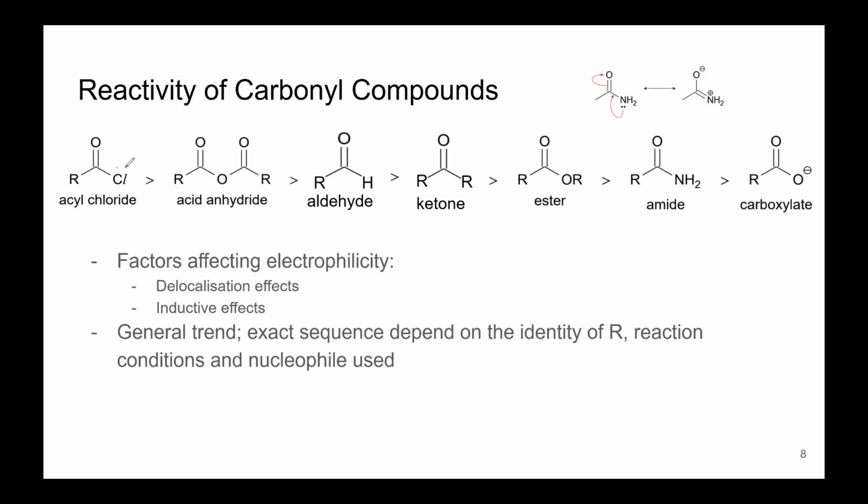And you might ask, doesn't chlorine have a lone pair of electrons as well? Why can't it delocalize here? Well, the answer is the orbital size.